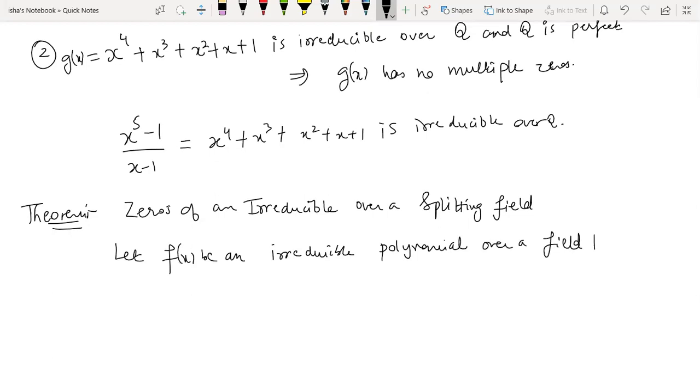over a field F. ये perfect field के लिए नहीं result. This is for any field, right? So don't mix the two results.